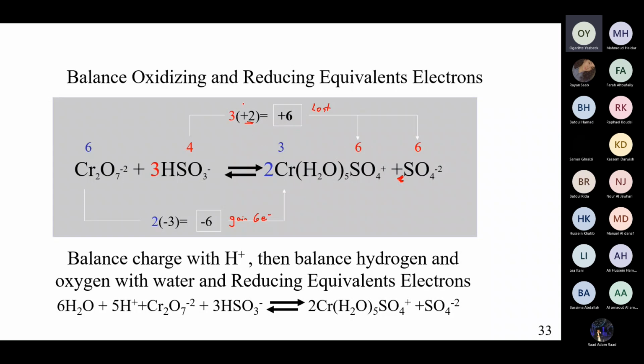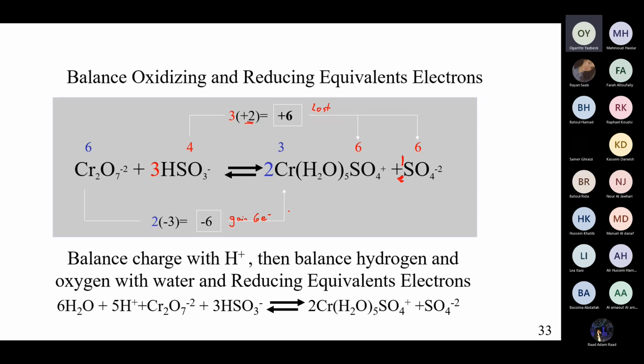So what number should I choose? I should choose 3. Why? Because if I want to gain 6 electrons, I must have an equal loss of 6 electrons from somewhere. If each of these sulfurs loses 2 electrons, then if I multiply by 3, I get a total of 6 lost. So I've balanced the gain and loss of electrons. I will multiply this by 3, meaning this one will be multiplied by 1 to get an equal number of sulfurs.